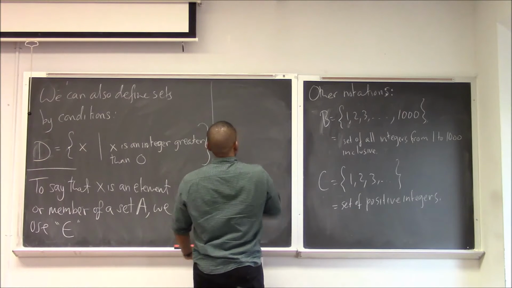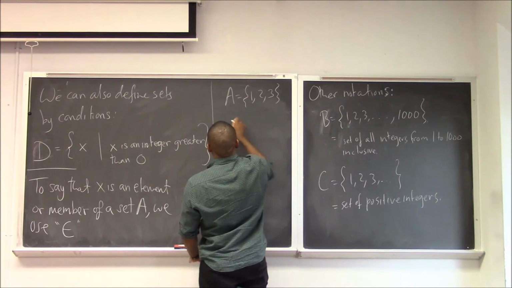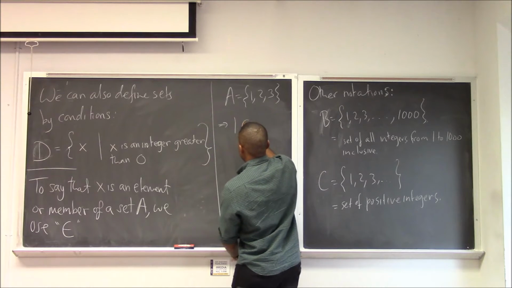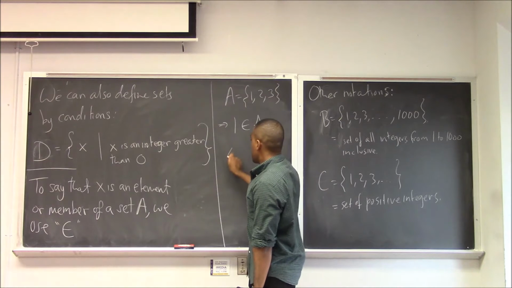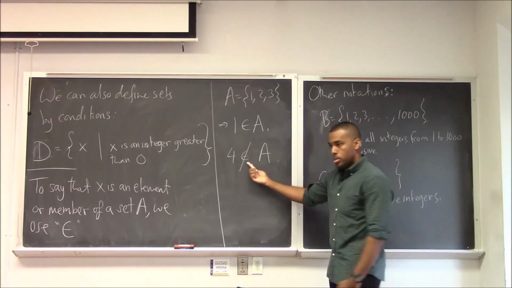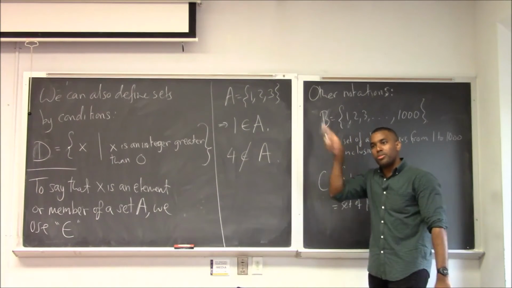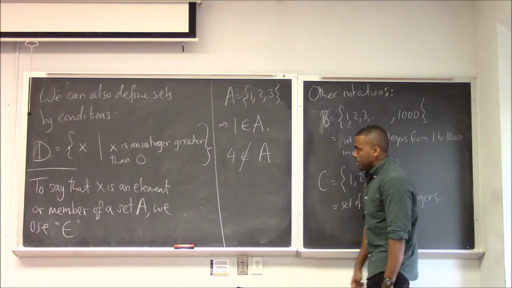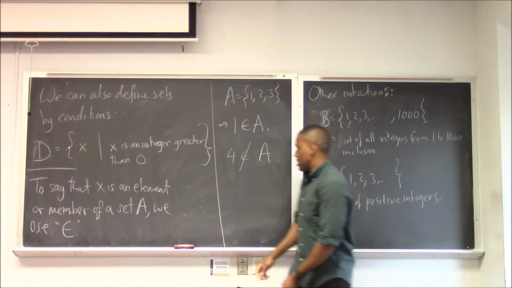So for example, if I had my A equals {1, 2, 3}, I could say 1 is an element of A. I could also say something like 4 is not an element of A. Typically in mathematics, if you want to say it's not something, you can strike through it, kind of like equal versus not equal. So this is an element of A, and that's not an element of A.